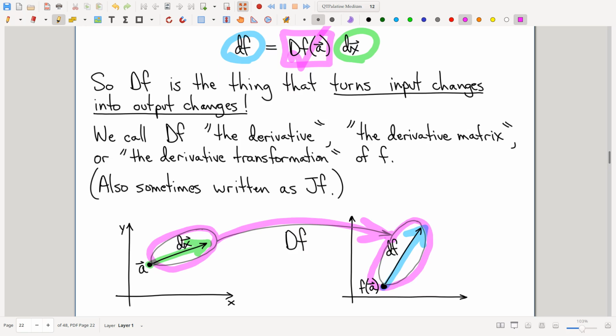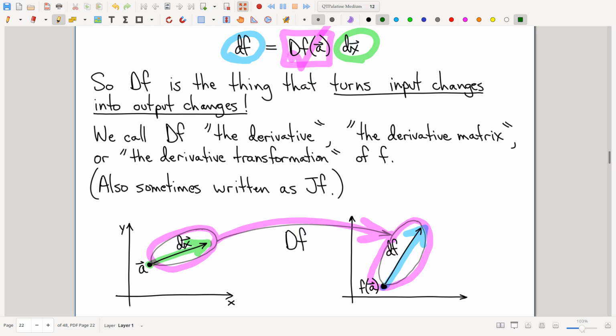Now, while we're here, I want to emphasize, it looks like DF is taking inputs to outputs, doesn't it? Look at that. It's an arrow, taking stuff on the left to stuff on the right. But very importantly, it's not taking points. It's taking differentials.